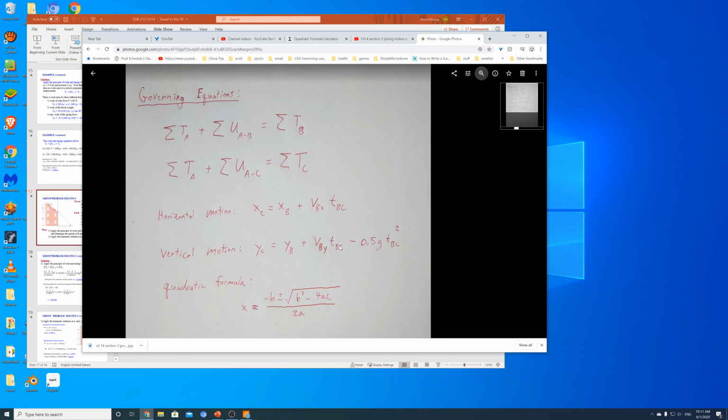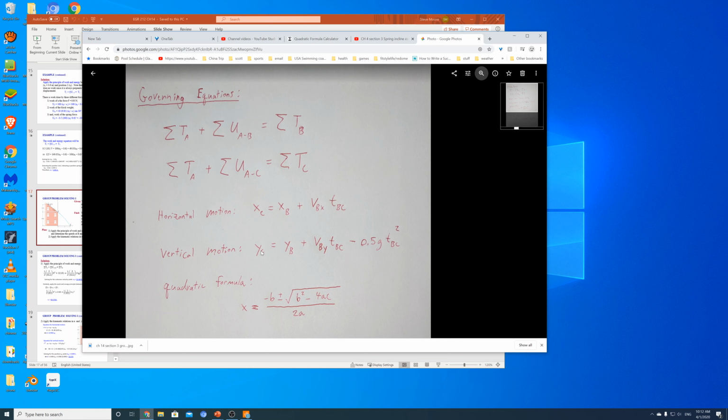And from this equation, you could recognize that position C is based on whatever you were at B, which we know, since we were actually given that value, its velocity in the y direction, and then the time. So to find the position at C, we know it's going to be 0 from the horizontal, because when it actually hits the ground, it's at 0 position.